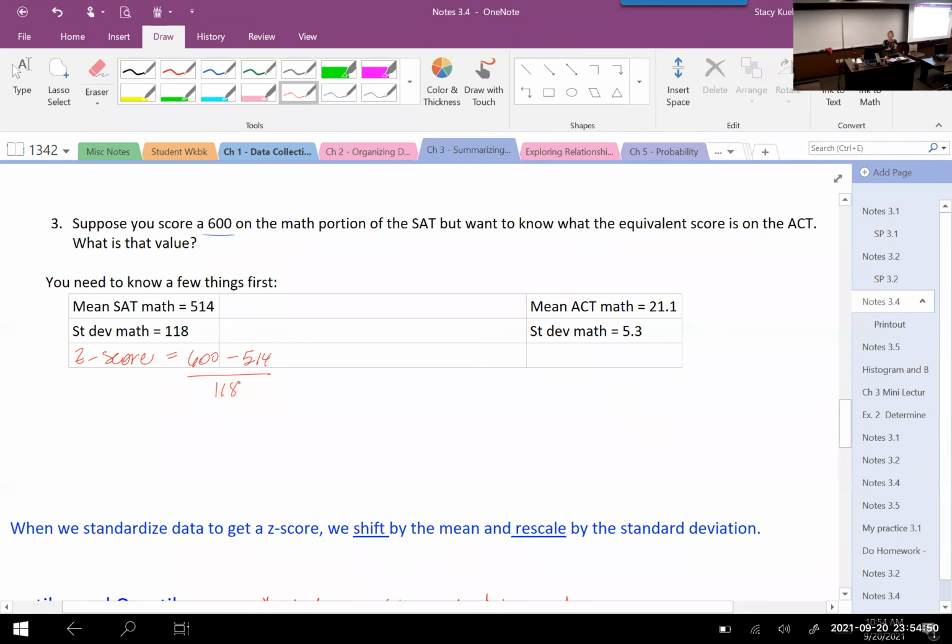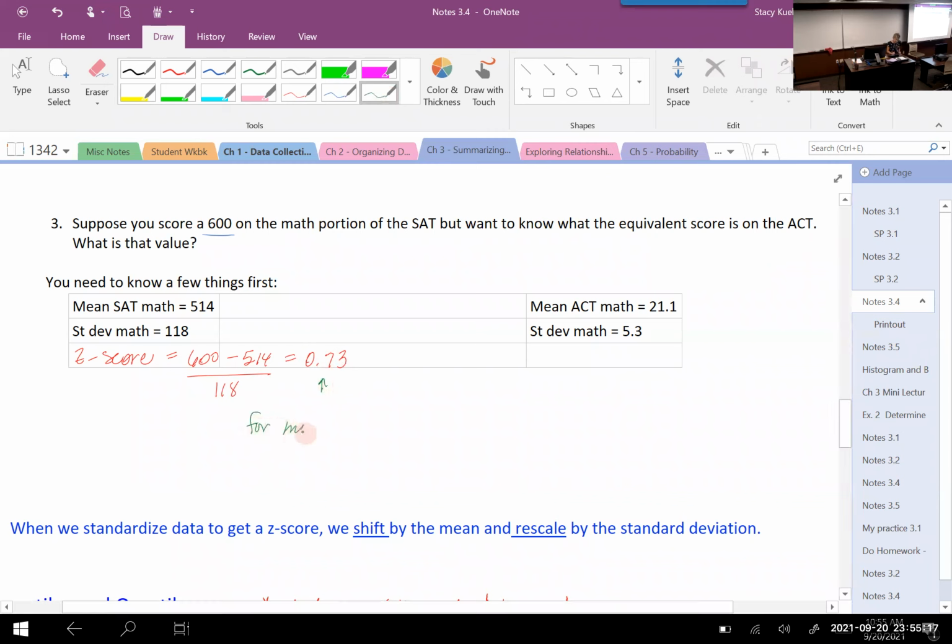That's the same thing we did before. It's the X minus the mean divided by the standard deviation. To two decimal places, I think we all know how to do this one, so I'm going to move on. I find that my score of 600 is 0.73.